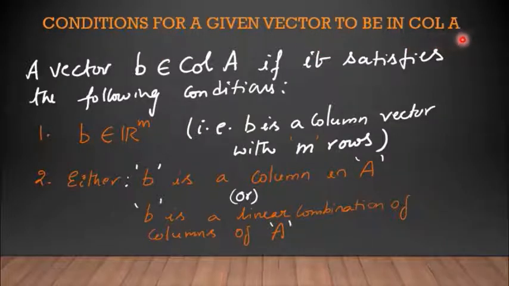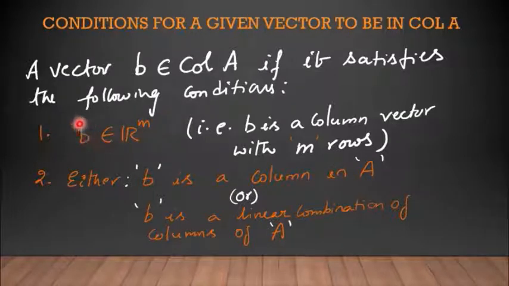Now first we will see what will be the conditions for a given vector to be in column space of A. Earlier you have seen conditions for a given vector to be in null space of A. Now we will check what will be the conditions for any given vector to be in column space of A. A vector b belongs to column space of A if it satisfies the following two conditions. The first condition is that vector b belongs to Rm.